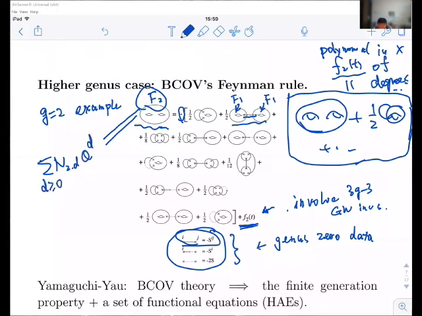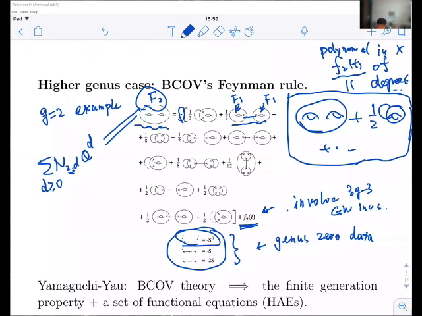And then you can use this to recover the coefficients of this polynomial, because this polynomial has only finitely many coefficients. So you can compute finitely many small degree Gromov-Witten invariants to recover it.